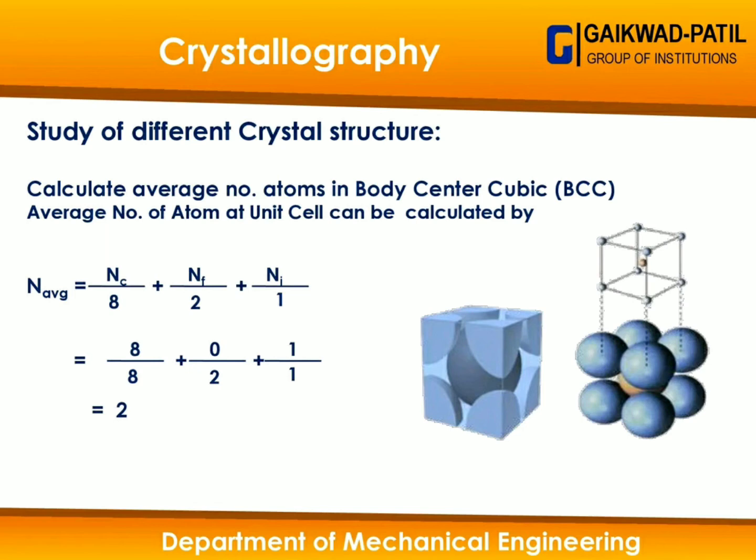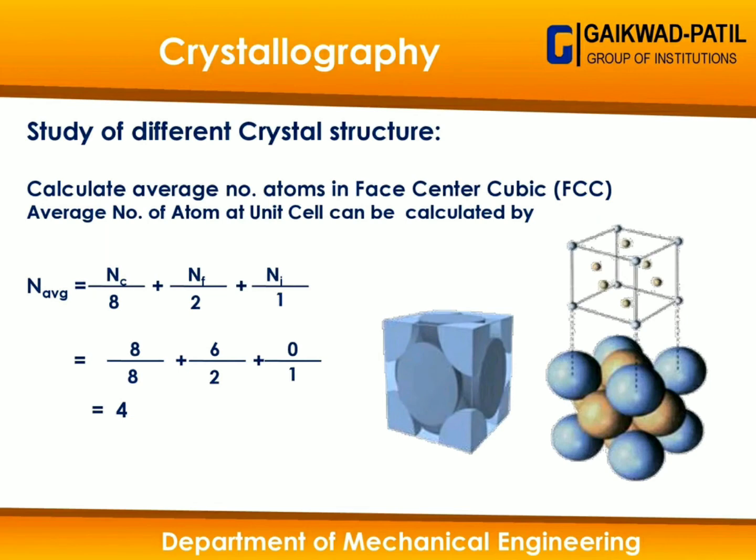Now in the next case, FCC, face centered cubic crystal structure, where 6 atoms occupy the faces of the face centered cubic crystal structure and 8 atoms occupy the corners of the unit cell.